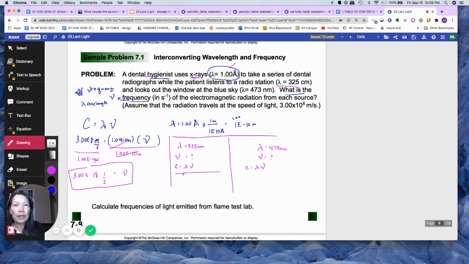Okay, here's the formula. I'm plugging in 3.00 E8 meters per second equals the wavelength. I have to change centimeters to meters. 1 meter is 100 centimeters, so it's 3.25 meters. Frequency is unknown. Solve for frequency by dividing by 3.25 on both sides.